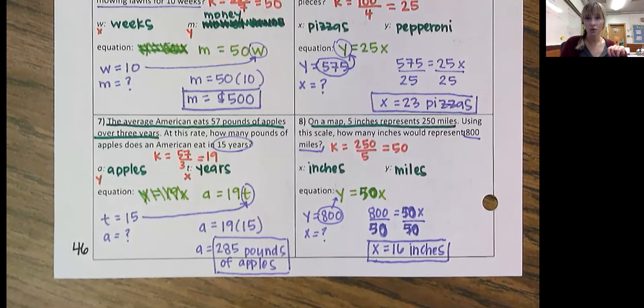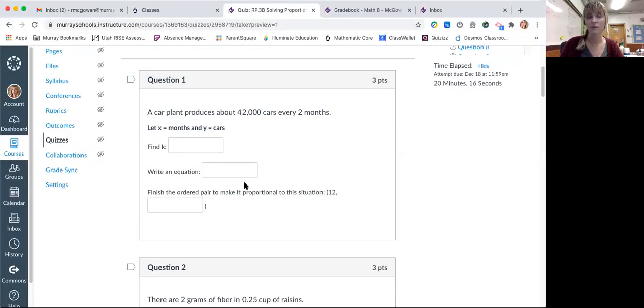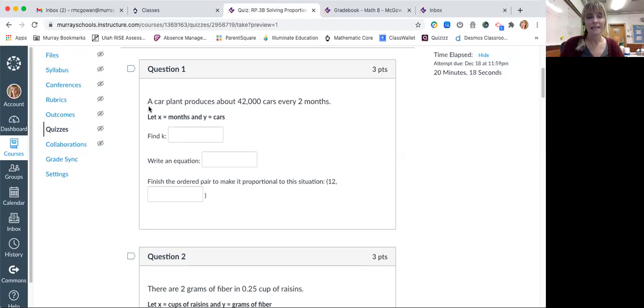So I'm just going to show you what your Canvas quiz looks like. As soon as you answer your question for the notes we just took, then you'll move on to this Canvas quiz. And it says a car plant produces about 42,000 cars every 2 months. So this is very similar to what you were just doing.